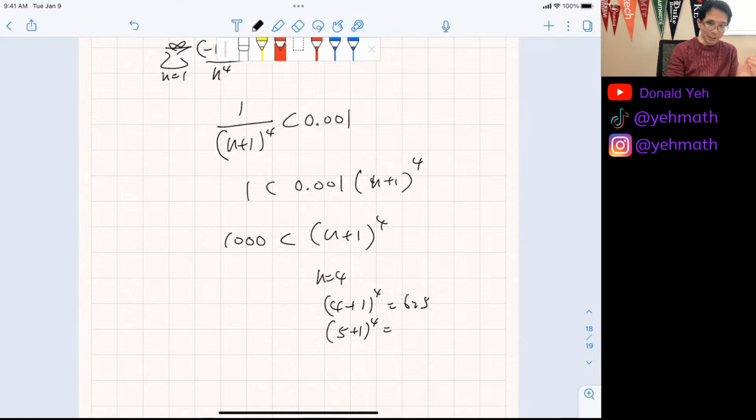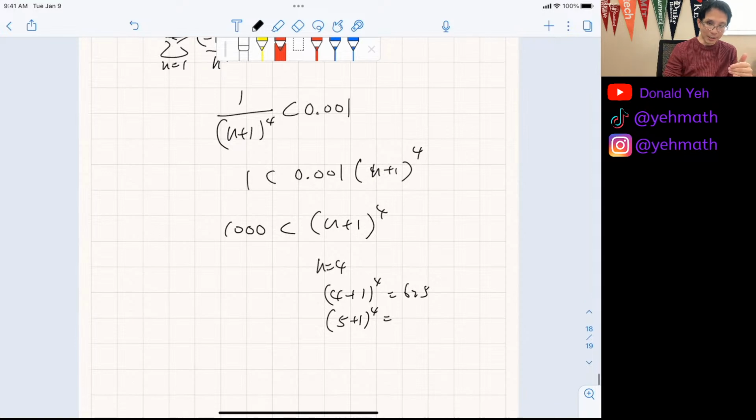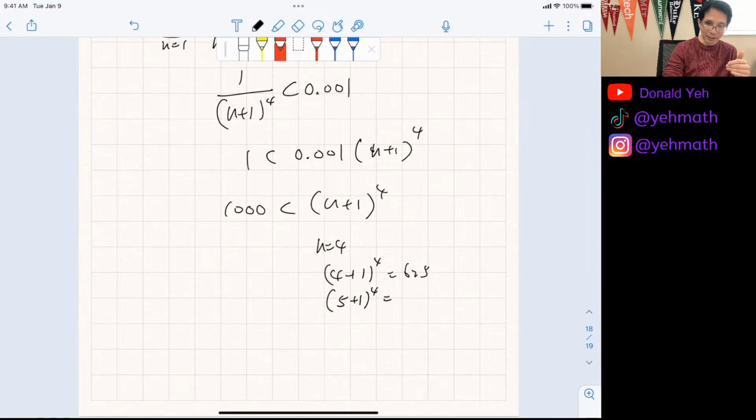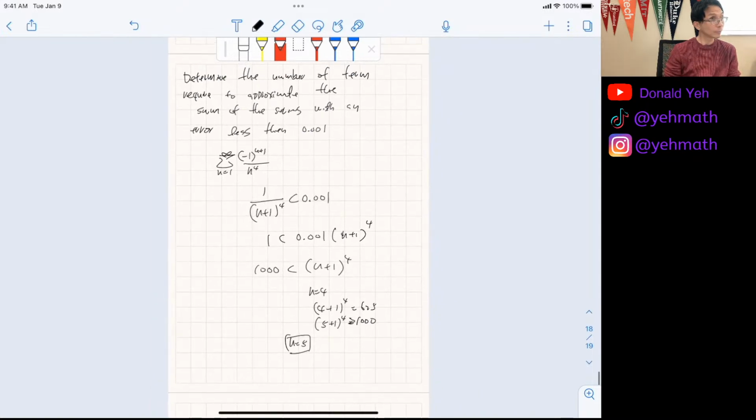You divide both sides by 0.001, you get 1,000. Eventually this is going to be greater than 1,000. So n is going to be 5. If you got a fifth term, you'll have less error than 0.001. Even at 100, it's definitely less.